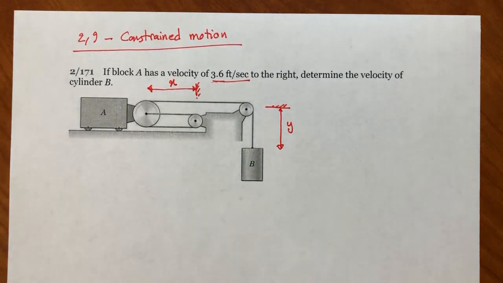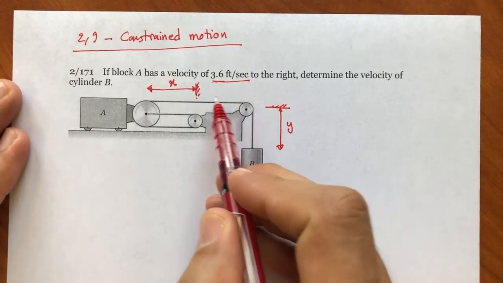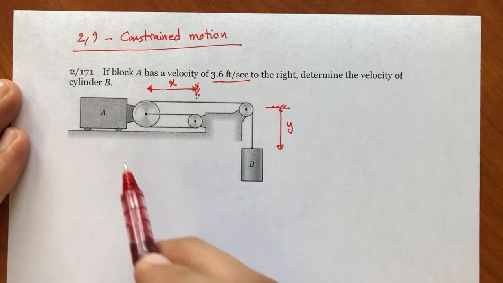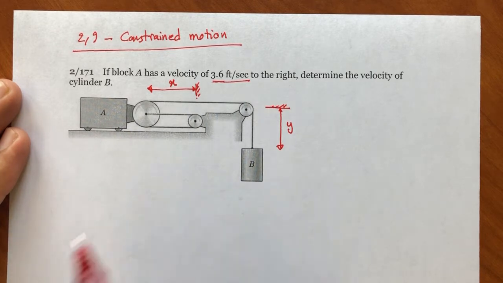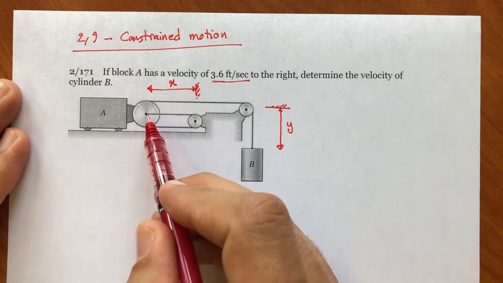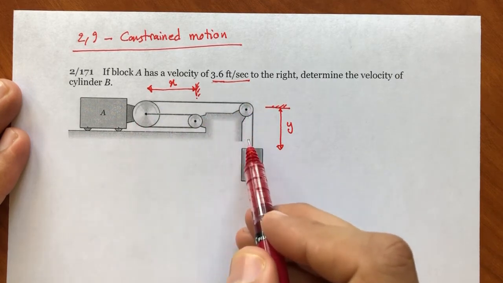Here is the moment that you need to figure out what is the physical constraint between your objects, between the masses. In this problem, this cable is the thing which is relating these two particles together, and the length of this cable is not going to change because the length of the cable is constant.